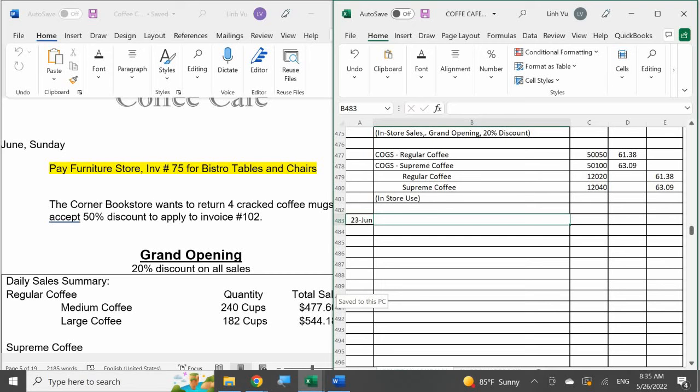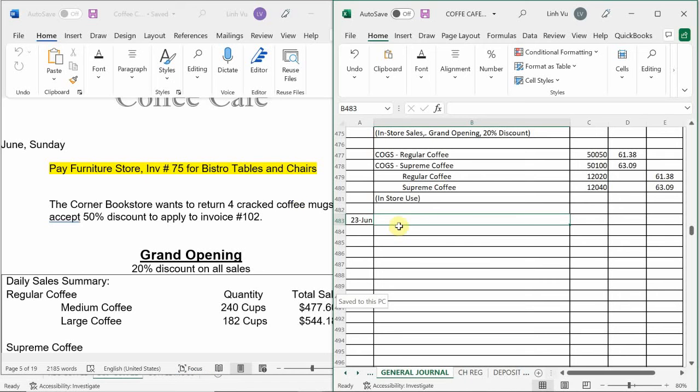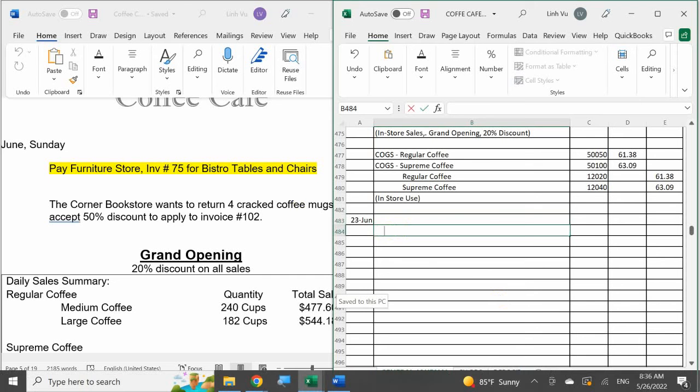What account will we use? The check. We'll write a check, correct? So checking. Now it says right here that we're going to make a payment to invoice number 75. So did we already receive the bill?